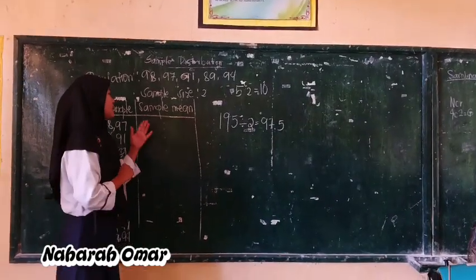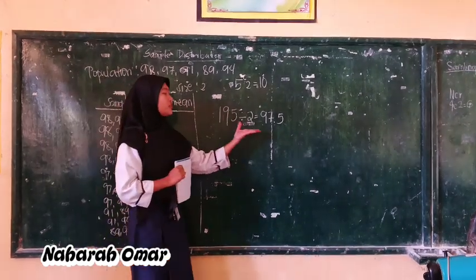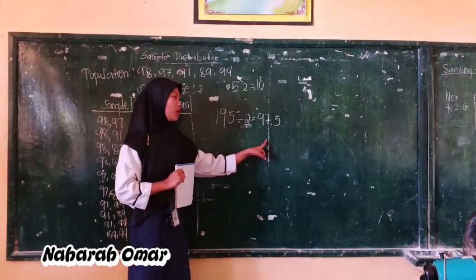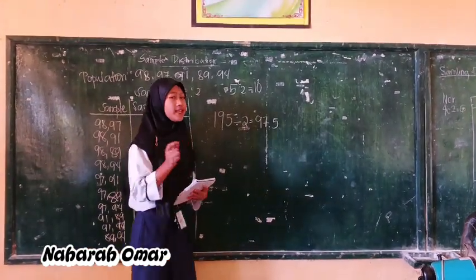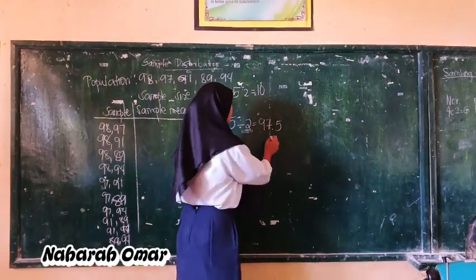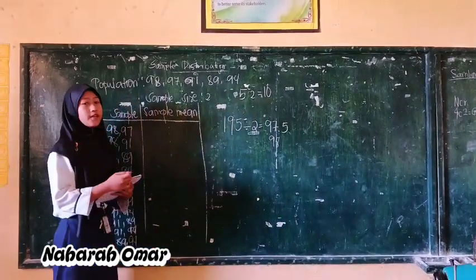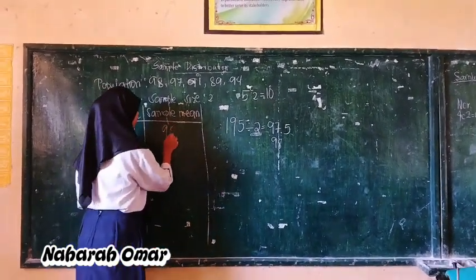Always remember, the sample mean should be a whole number, so we round off the 5, and it will be 98. That will be our first sample mean.